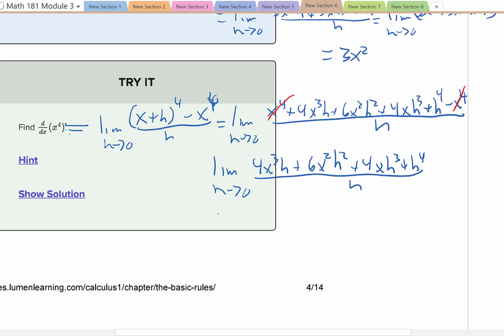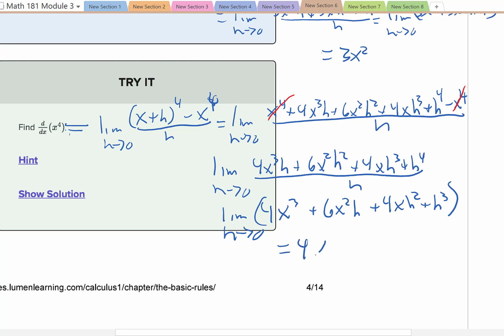So you divide an h out of everything. You have the limit as h goes to 0 of 4x cubed plus 6x squared h plus 4xh squared plus h cubed. And as h goes to 0, everything with an h is 0, so this becomes 4x cubed.